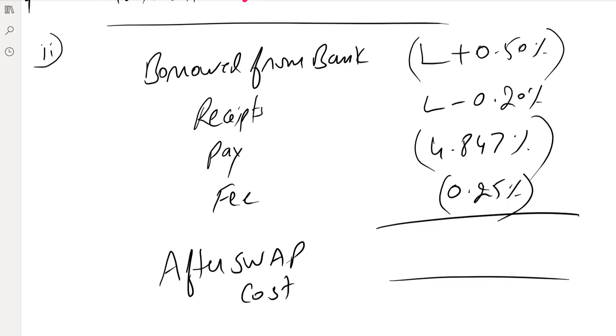So what will be the after swap cost? After swap cost will be 4.847 plus 0.25, and we are not receiving 0.2. This will also become the cost. We have also paid 0.5, so both will become our cost, and the net cost is 5.79%, and both the LIBOR will be cancelled out with each other.